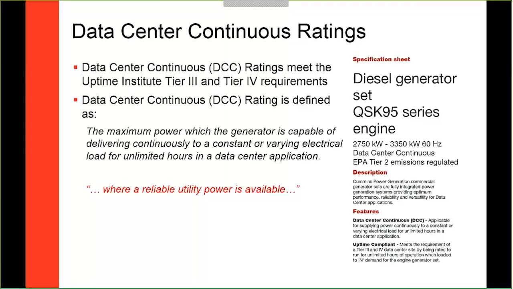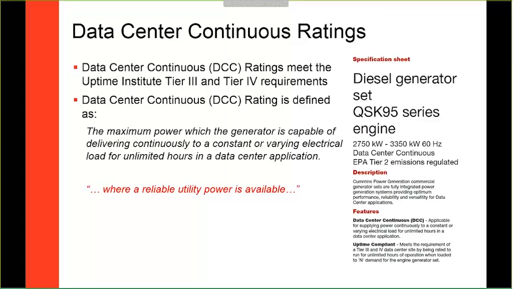Now again, I'll take a step back for a moment. This goes above and beyond ISO, so it's up to generator set manufacturers to market this as they see fit. And so some generator set manufacturers have included verbiage in their definition that says something like "where reliable utility power is available."